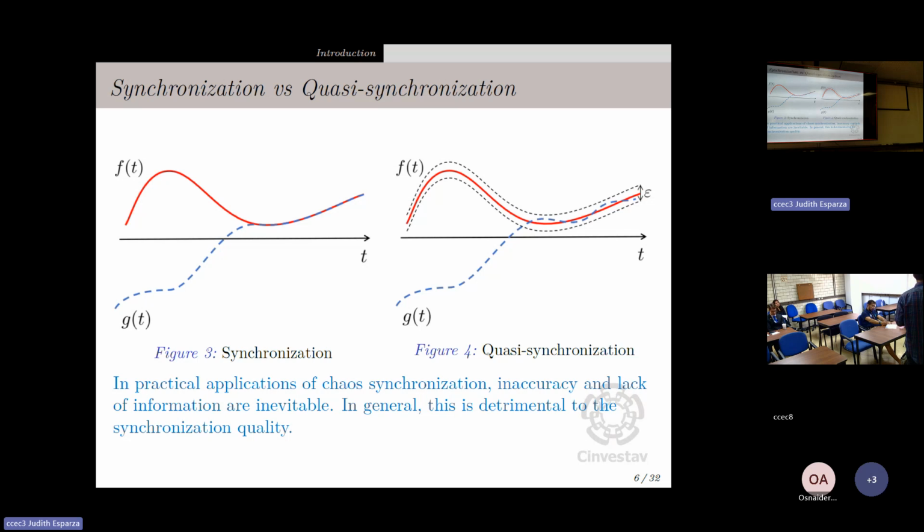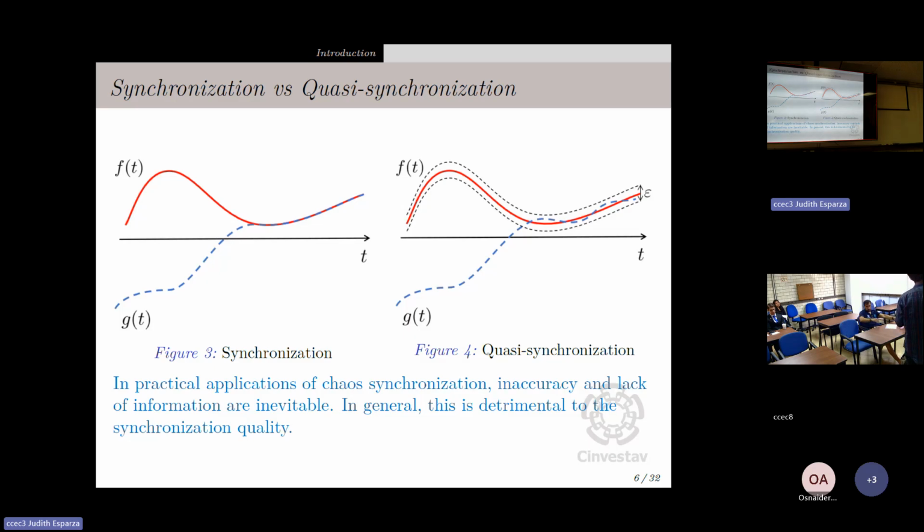However, this lack of information implies some really strong constraints in order to obtain the synchronization. However, quasi-synchronization relaxes all of these constraints.